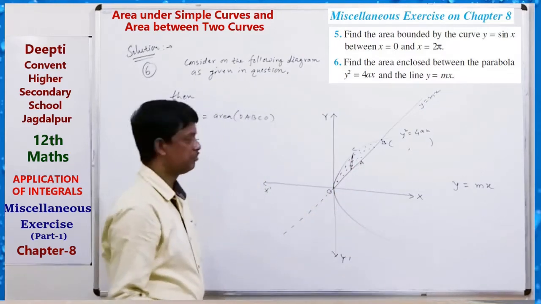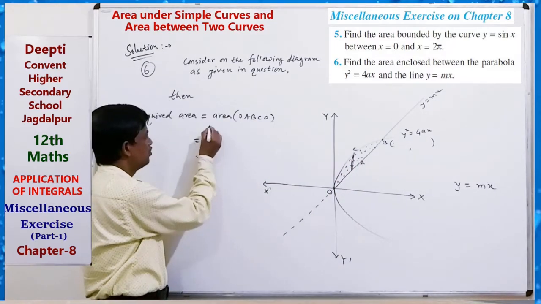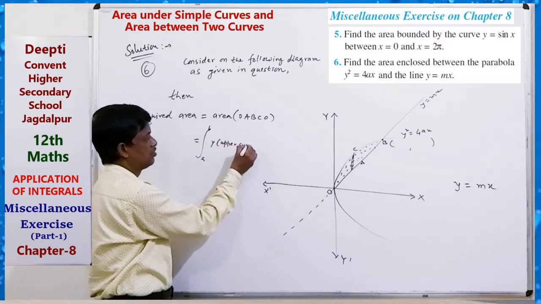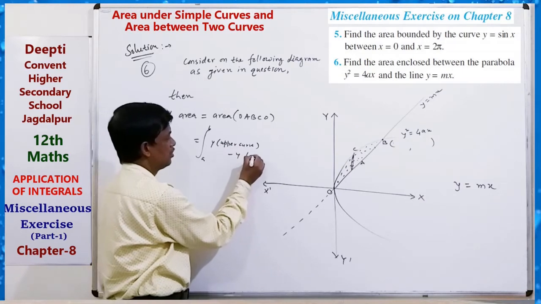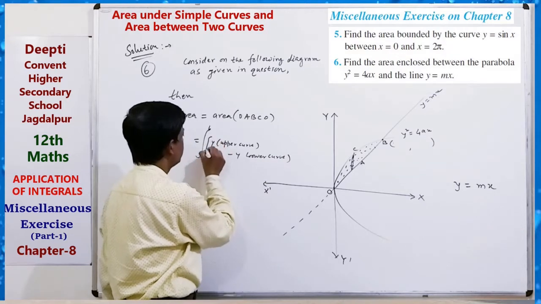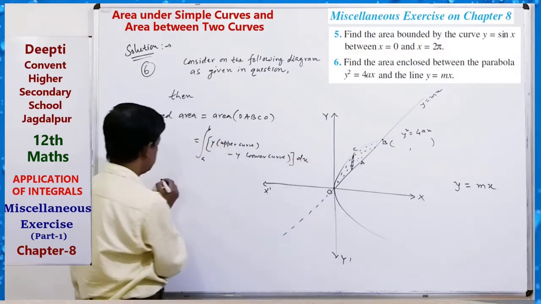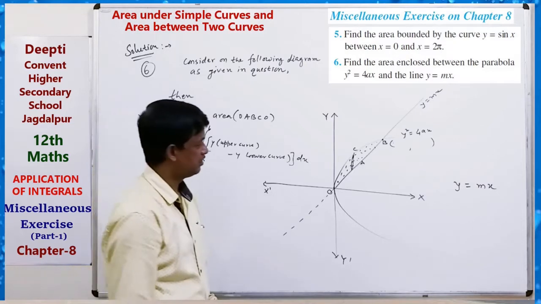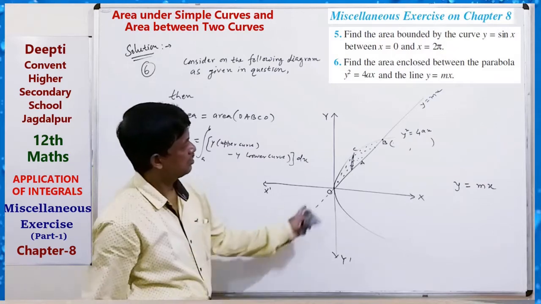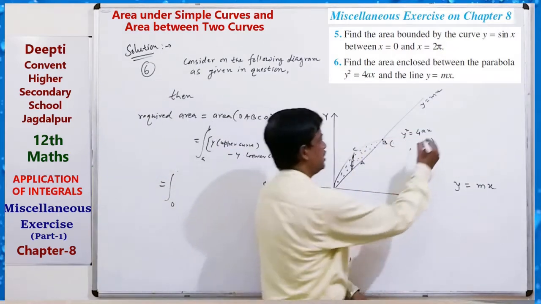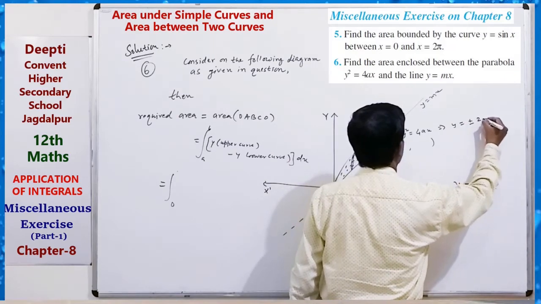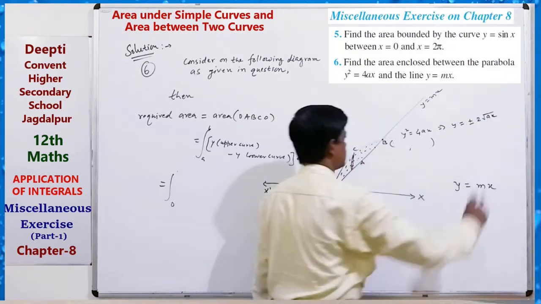So y from the upper curve A to B, y from the upper curve minus y from the lower curve, dx. Now the limit here is 0 to ... For y from the upper curve, y equals plus or minus 2 root a x.